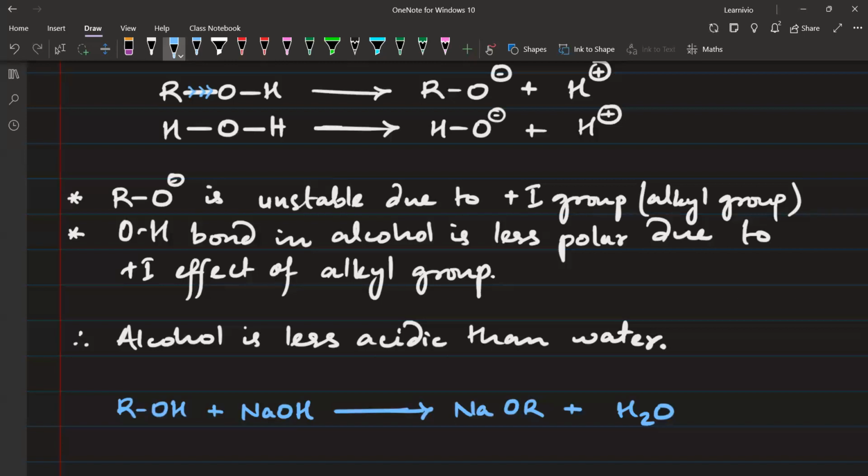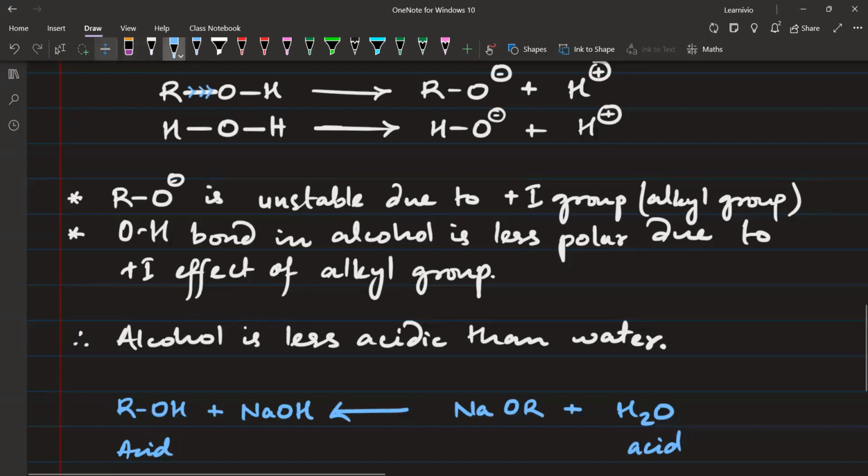Why? Because if you look at the acidic strength, this is acid, and here this is going to act as acid. The acidic strength of water is more in comparison to ROH. That is why the reverse reaction takes place, and it is there in considerable manner.